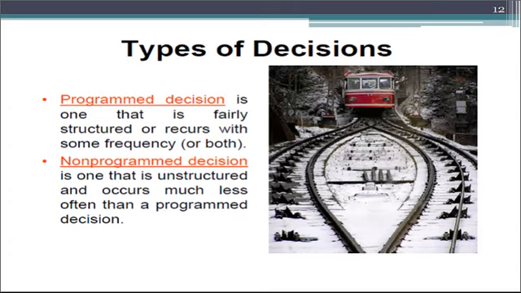A programmed decision is fairly structured or recurs with some frequency. A non-programmed decision is unstructured and occurs much less often than a programmed decision.